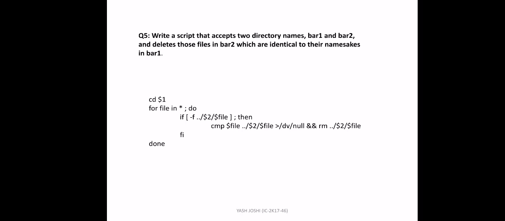Write a script that accepts two directory names bar1 and bar2 and deletes those files in bar2 which are identical to their namesakes in bar1. cd $1. Here cd will help to change the directory and $1 is the first command line argument. For file in *, do; in this all files will be included.